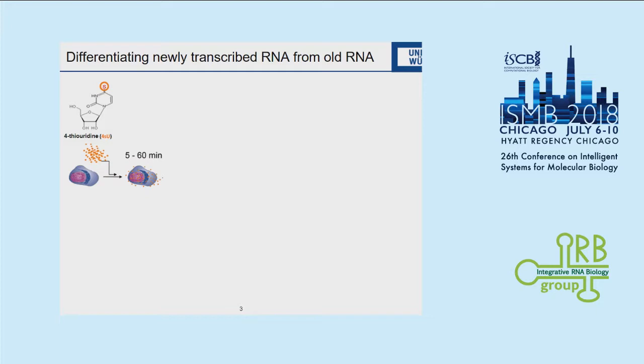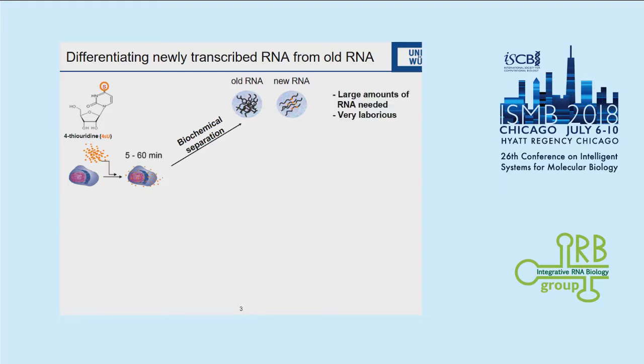And when the cell is presented with it, it incorporates the 4-thiouridine in its RNA transcription as a substitute for uridine at a certain rate. And then we can use the incorporated 4-thiouridine as a tag to biochemically separate new RNA from old RNA, which directly gives us access to the current gene regulation. Unfortunately, this takes up huge amounts of RNA and is also very laborious.